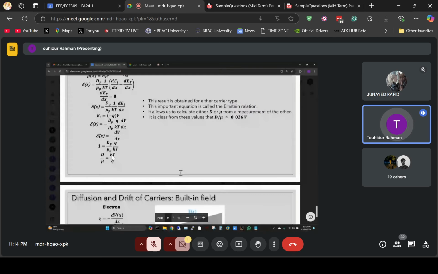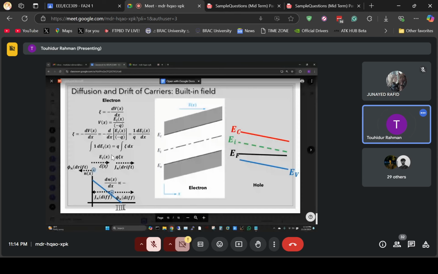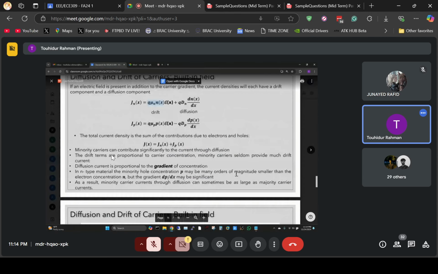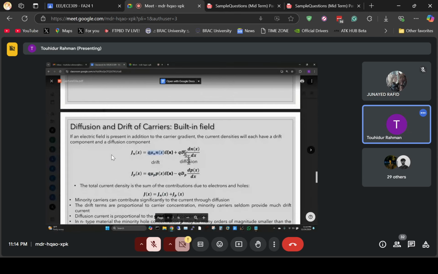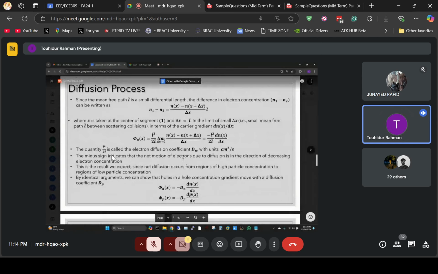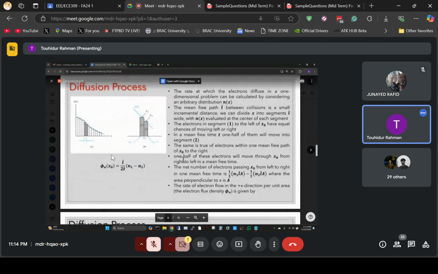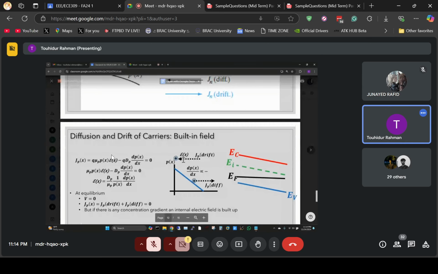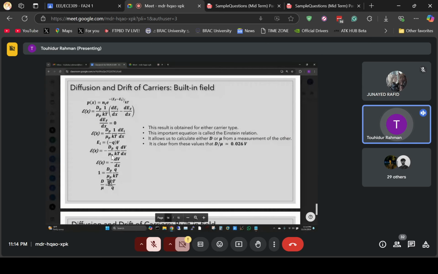So in this equation, everything is given. Also, if you recall, D_n/mu_n must be kT/q. D/mu is equal to kT/q.